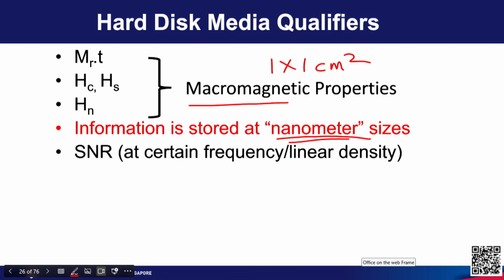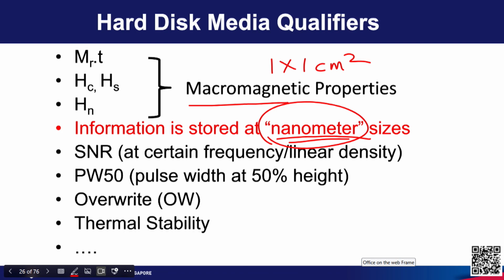If you really want to see how the recording media you made will perform at high densities, we need to look at information at the nanometer scale. People measure this information at the nanometer scale using a device called a spin stand. Let me come back to that.